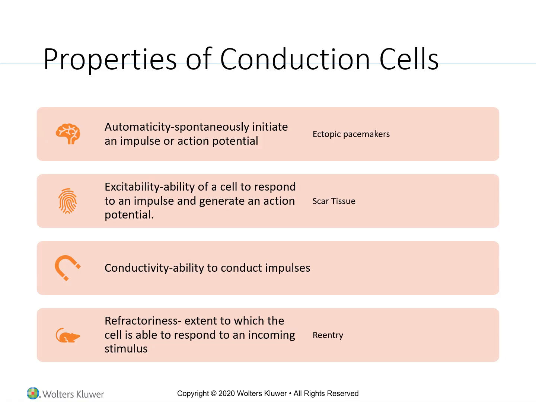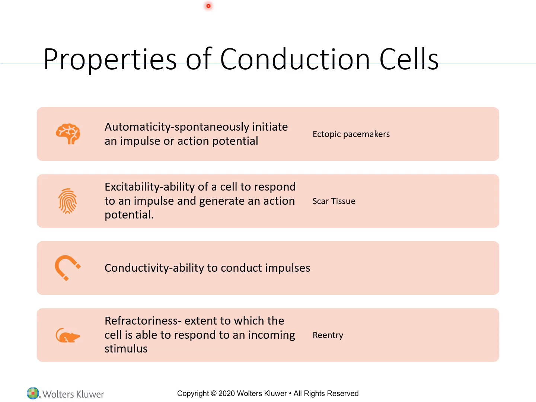So a little bit more about the properties within those specialized conduction cells themselves and how they help to maintain electrical activity within those specialized cells. The specialized cells in the conduction system of the heart have 4 inherent properties that contribute to the genesis of all cardiac rhythms, both normal and abnormal.